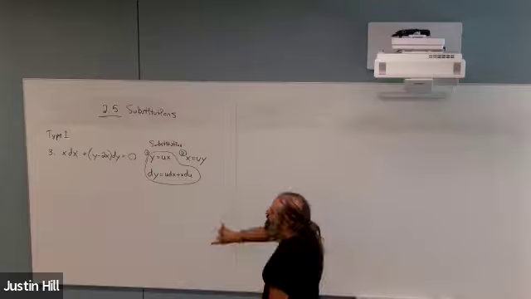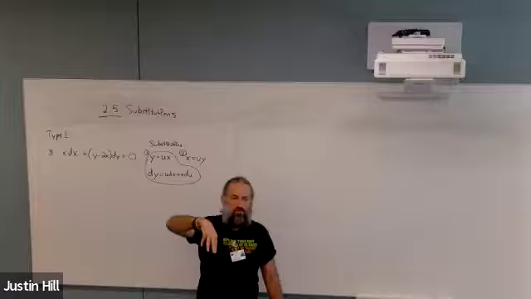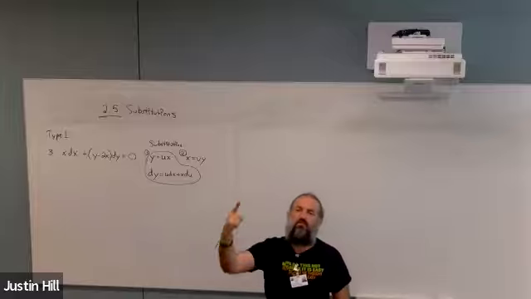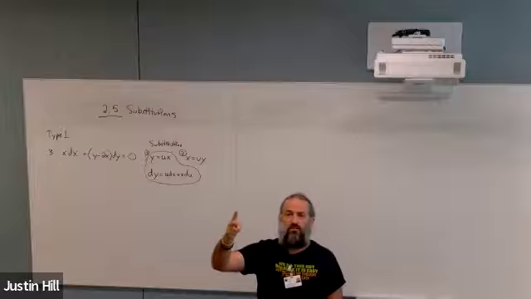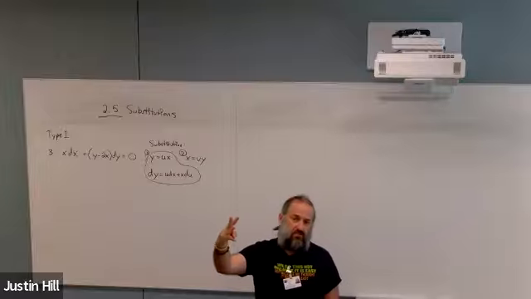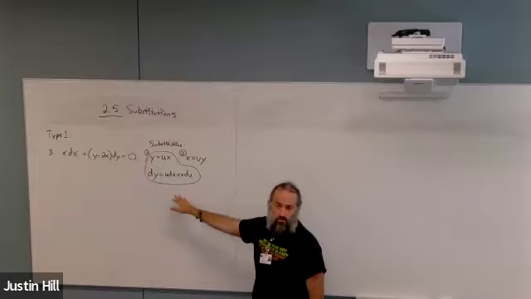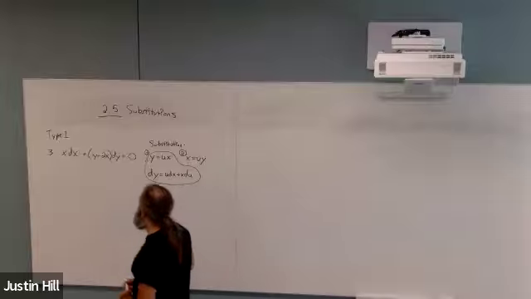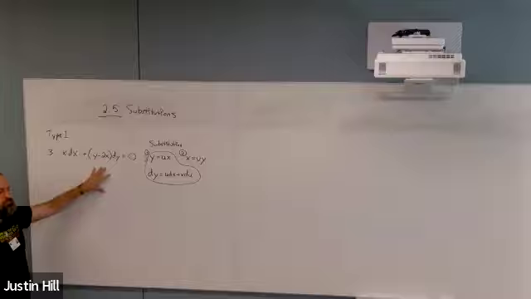Because again, the motivation for this section is you look at this, it doesn't fit any of those first three patterns that we saw. It's not separable. It's not first order linear, and it's not exact. So we're using this substitution as another tool, to see algebraically if we can get it to a form where it does work.